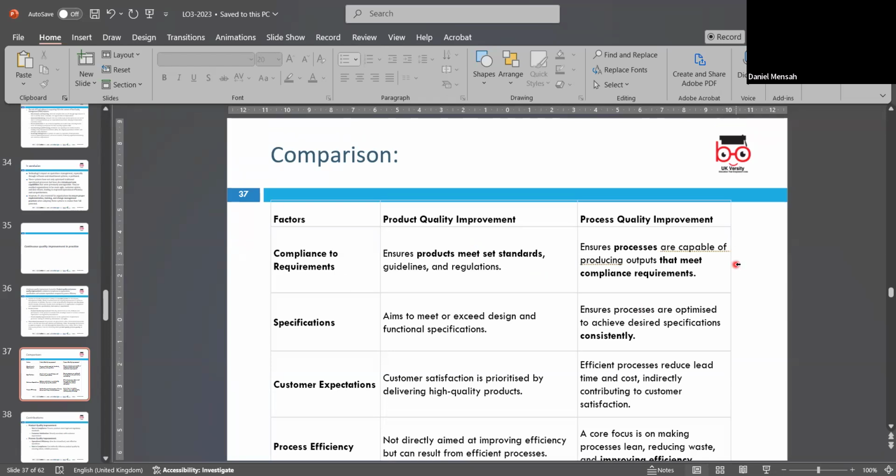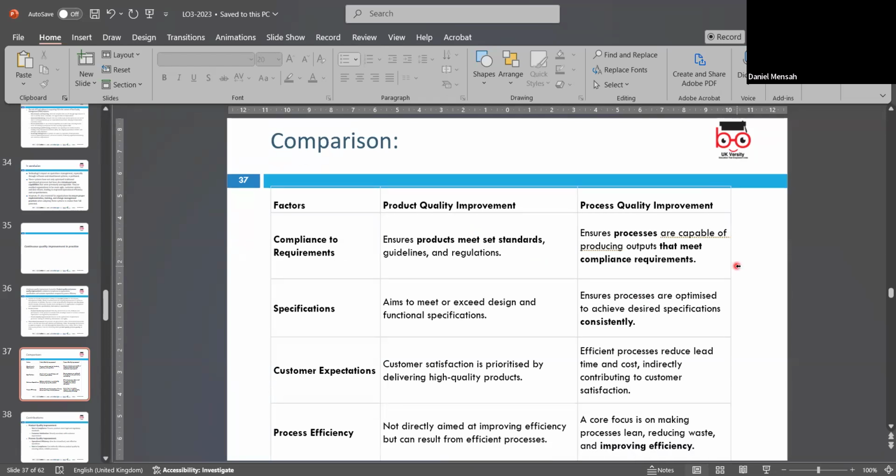Process quality tries to ensure that your processes are meeting the compliance requirements. Whatever the processes are, if they are followed and complying with those requirements, then ultimately it helps to produce a quality product which meets the standard and indirectly meets the regulatory requirements also.